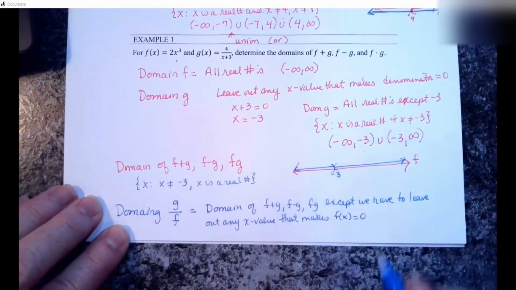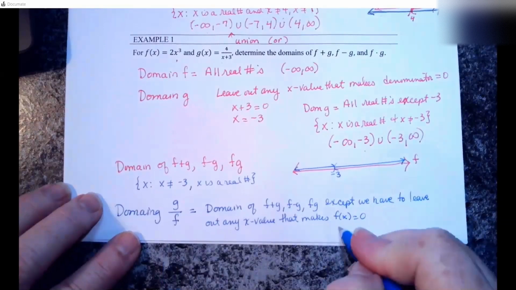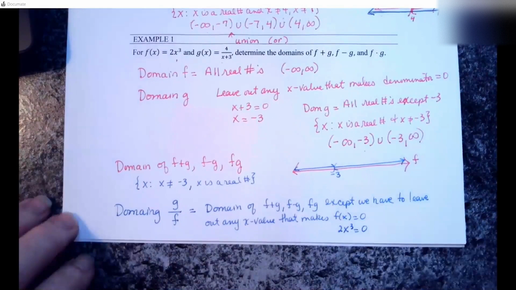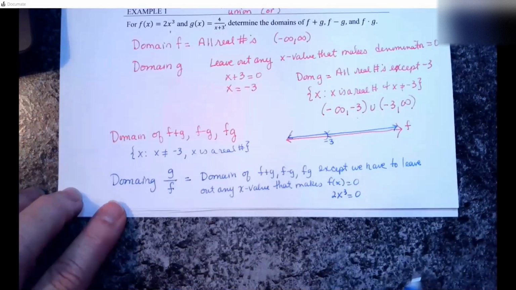Now remember, f of x was 2x cubed. We want to know when that's 0. Well, can anybody think of a number that if I plug in here, I'm going to get 0?